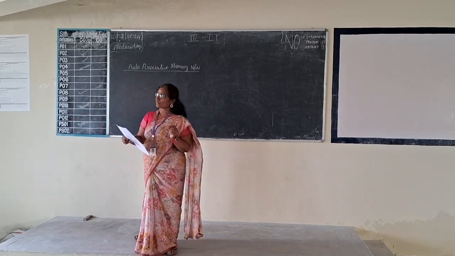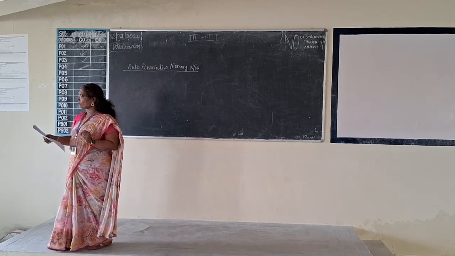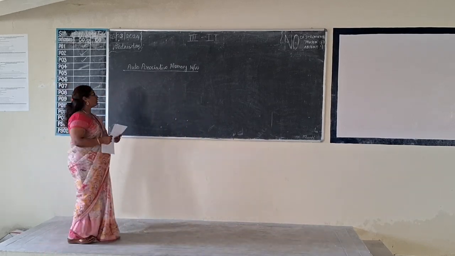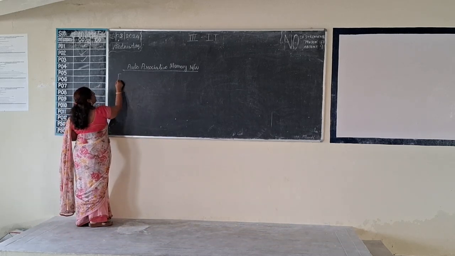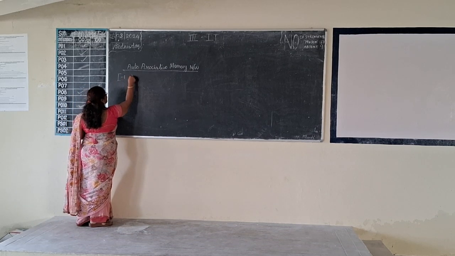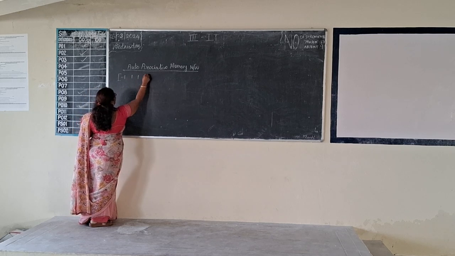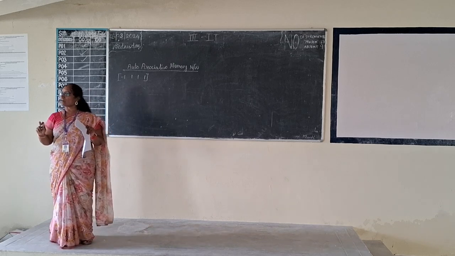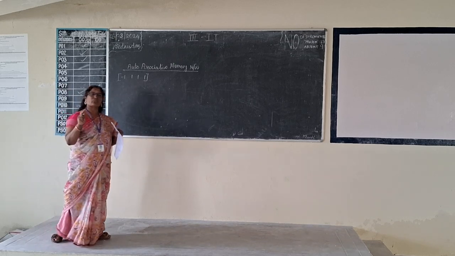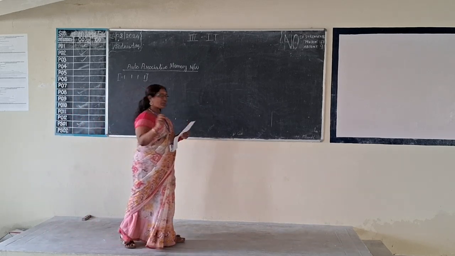Okay, so take down the question first. Train the auto-associative network for input vector -1, 1, 1, 1. This is our input vector, because we don't consider the output over here, since input as well as output size will be the same.